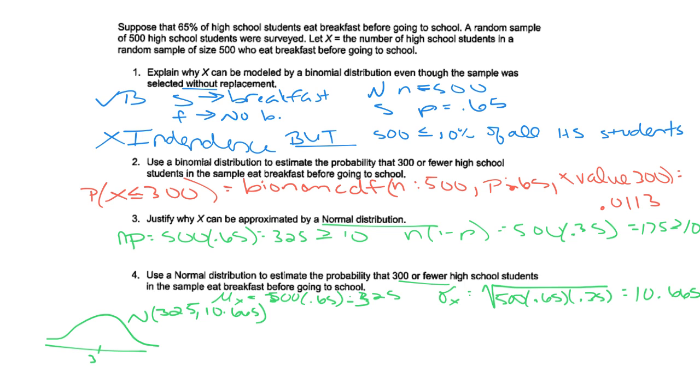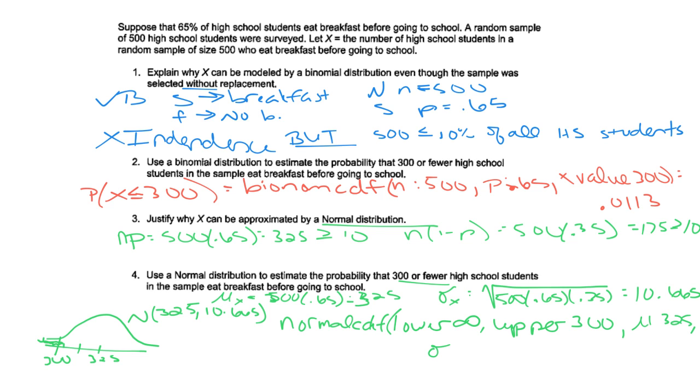If I think about what these would be, 325 is the center, and 300 is going to be way down here somewhere. So I can plug that into my calculator. Normal CDF, with our lower being our giant negative number, our upper is 300, our mean at 325.